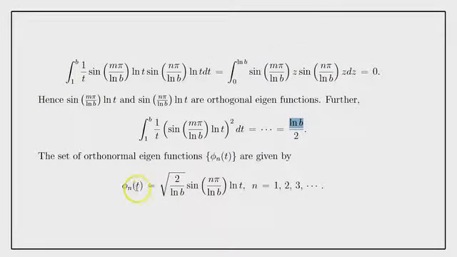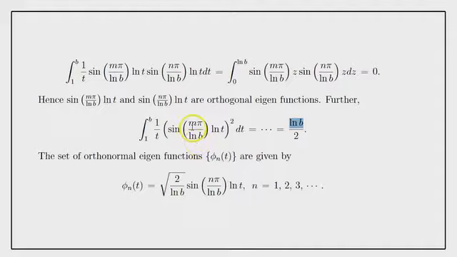Now if you calculate the integral from 1 to b of (1/t) x(t) squared dt, after some calculation it will give you ln b / 2. If you divide the function sine(n pi ln t / ln b) by the square root of this quantity, then you have phi_n(t) equal to this one. This is the corresponding orthonormal set of eigenfunctions.